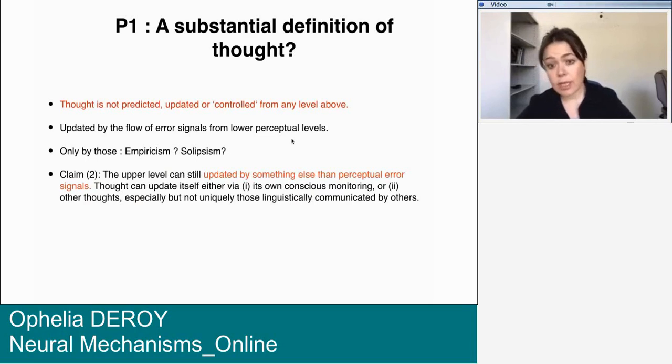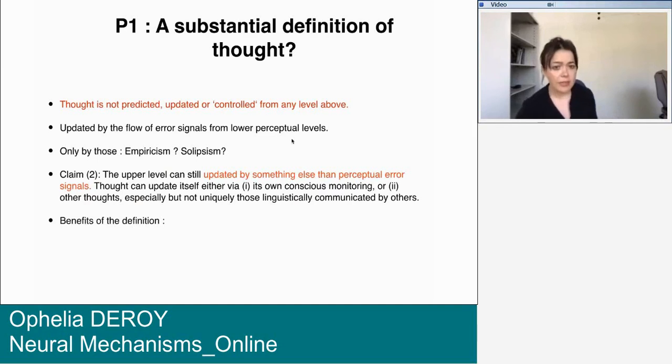It is really a possibility within the predictive account frameworks and the first distinction to think that, on the contrary, when you turn to animal thought, then we will have strongly empiricist and even solipsist ways in which this upper level is actually updated. So the definition of thought I'm talking about is, of course, the human one.